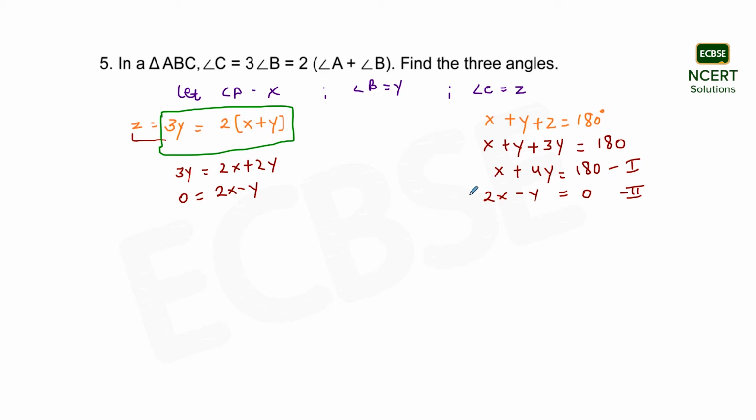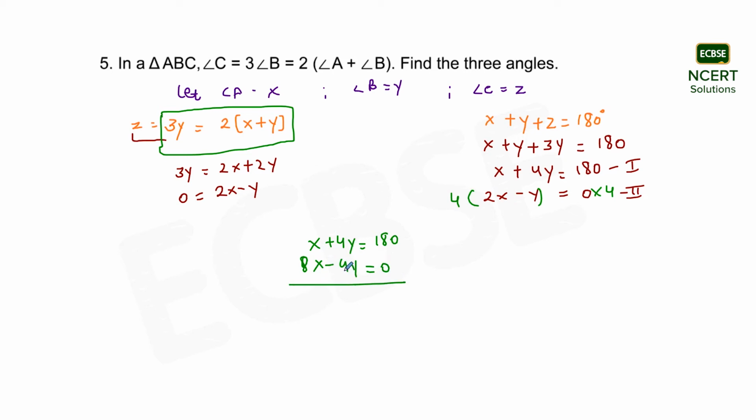So in order to make it 4, I'll be multiplying both the sides with the number 4 so that it won't change the significance of this equation, but I get the coefficient the same as what I want, that is 4. The two equations from here will be x plus 4y is equal to 180, and the second equation is 8x minus 4y is equal to 0.